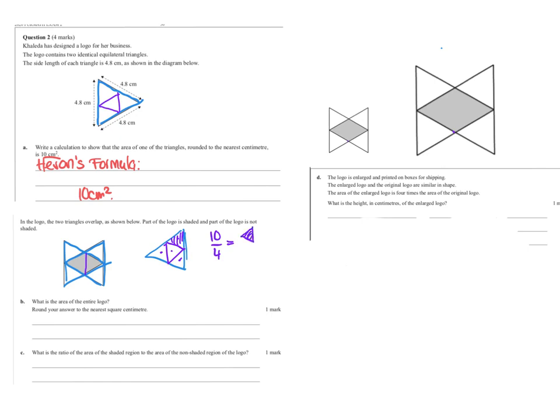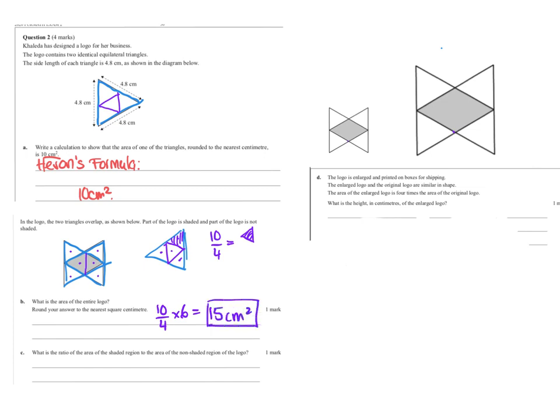Therefore you could then just count. You've got 1, 2, 3, 4, 5, 6 of them. So to find the area, I could say 10 over 4, that's one of them, but I have 6 of them. And if you do that, you end up getting 15 centimetres squared.